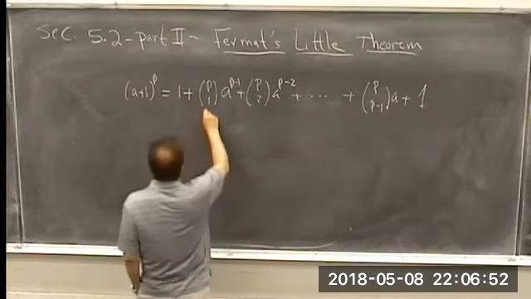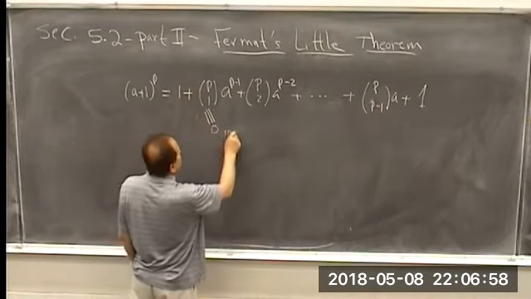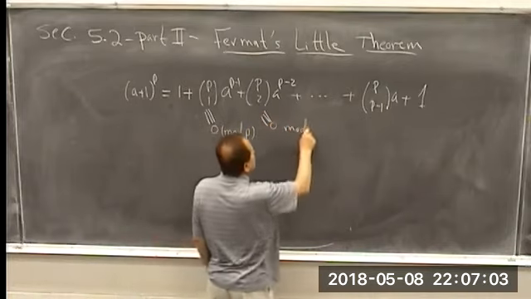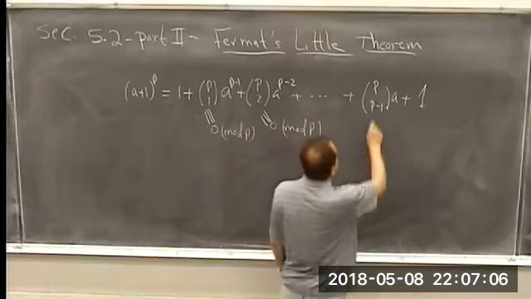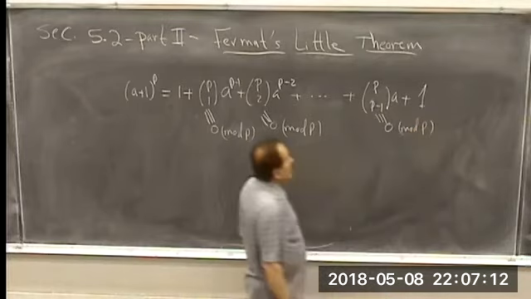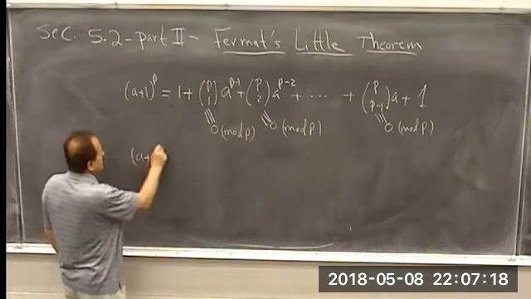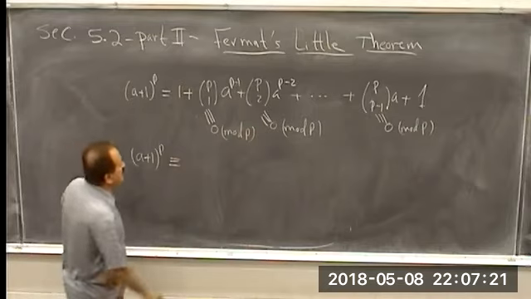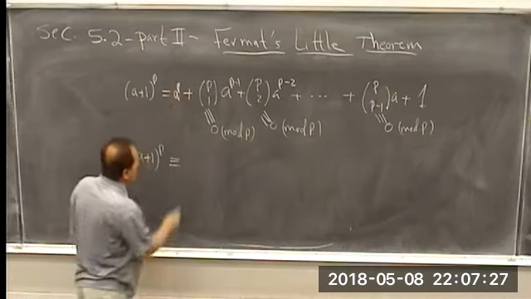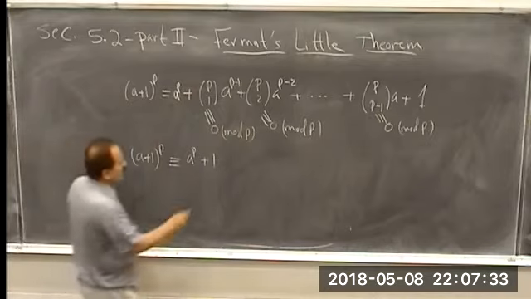Now, each one of these is congruent to 0 mod p. So in other words, all together we have a plus 1 to the p is congruent to a to the p plus 1 mod p.